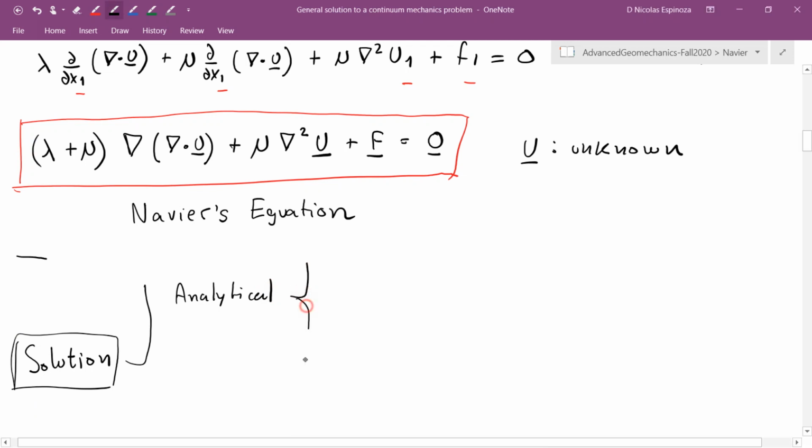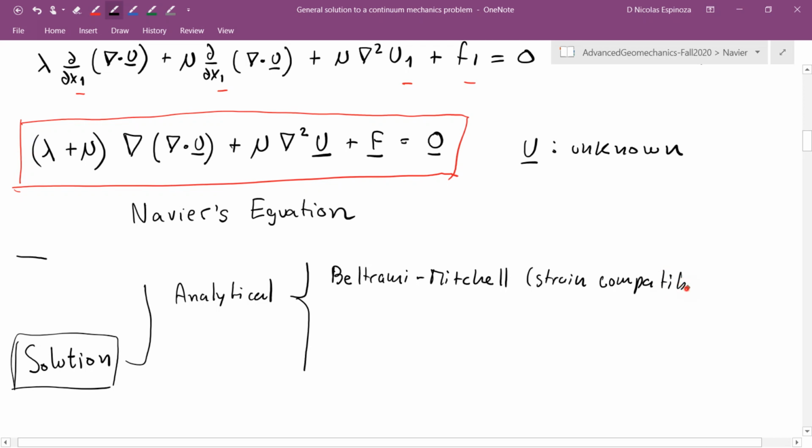For that analytical solution, there are different methods in order to do this. You can invoke the Beltrami-Mitchell equations of strain compatibility, and that is going to guarantee certain properties of the cross derivatives and of the strain field.